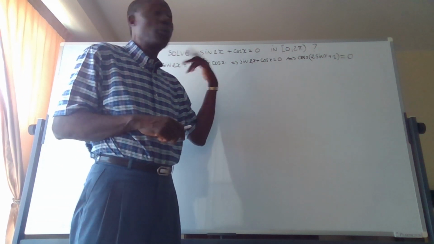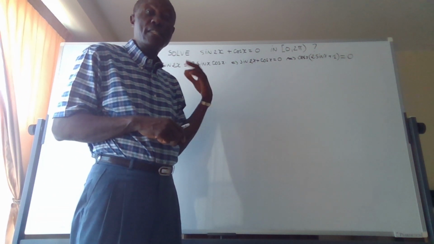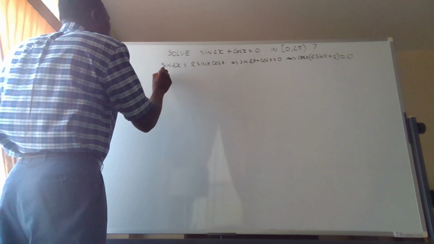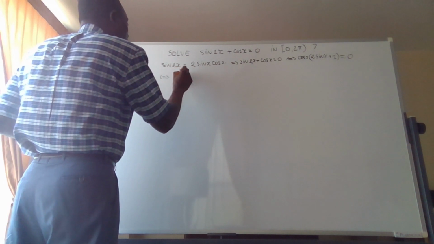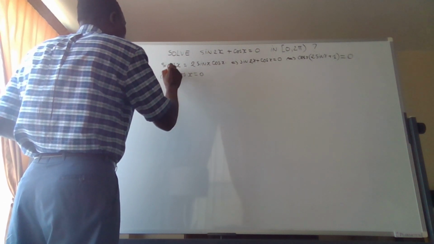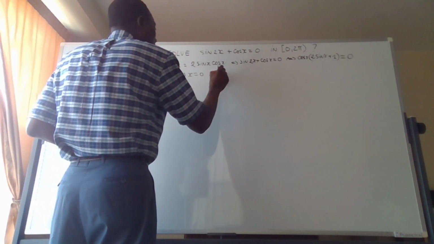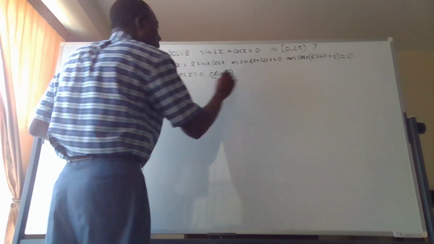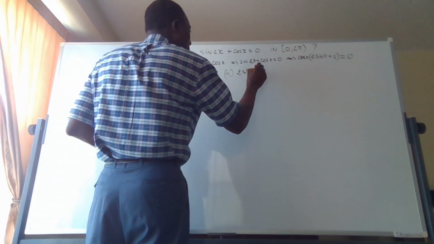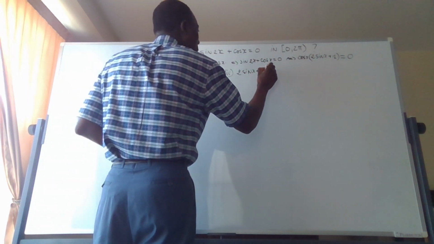That means this is a product of two factors equal to 0, so either one of the factors is 0. So the above equation is equivalent to cos x equals 0 or 2 sin x plus 1 equals 0.